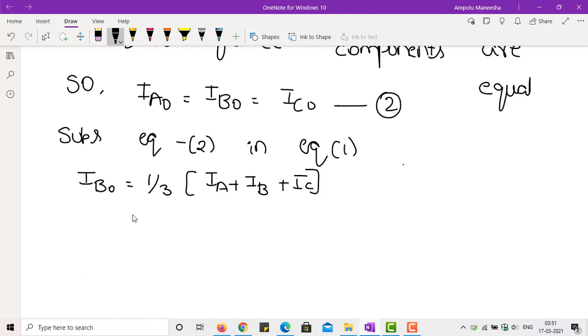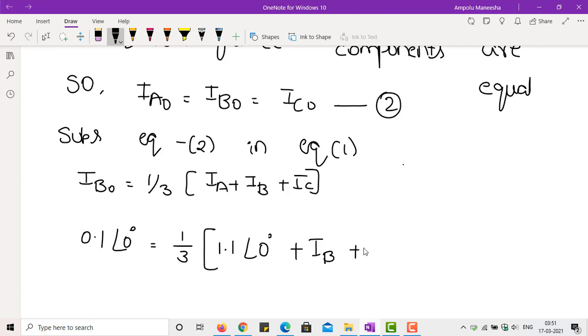Now we need to substitute the values. In the question it is given that IB0 is equal to 0.1 at an angle 0 degrees, equal to IA, given as 1.1 at an angle 0 degrees, plus IB, which we have to find and don't know, plus IC, given as 1 at an angle 120 degrees plus 0.1.